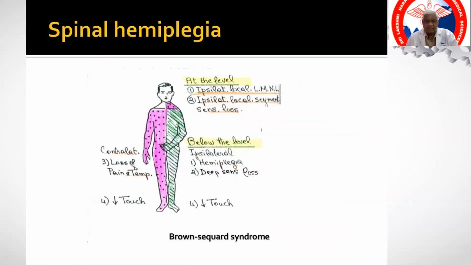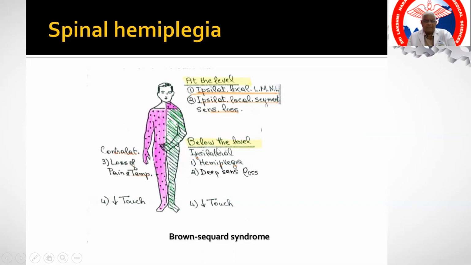Spinal hemiplegia at the level: ipsilateral lower motor neuron lesion, ipsilateral local segmental sensory loss. At the level, ipsilateral lower motor neuron lesion plus local sensory loss.